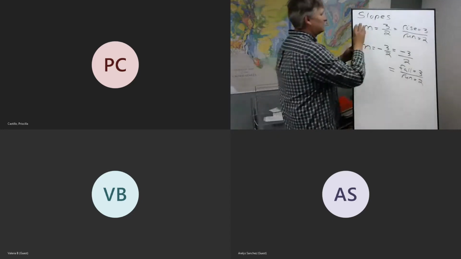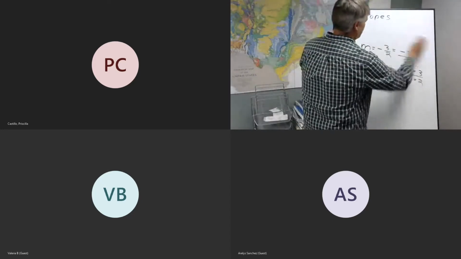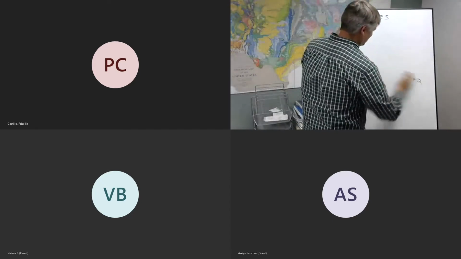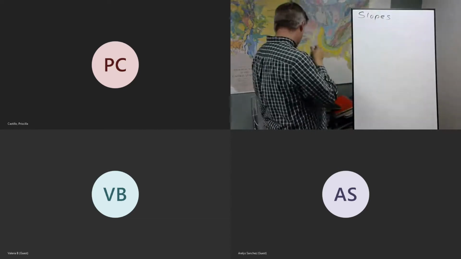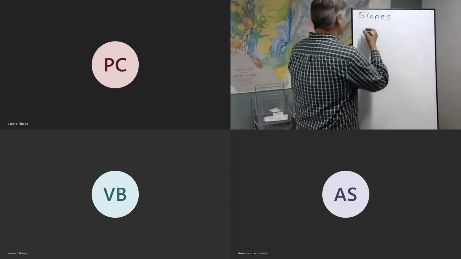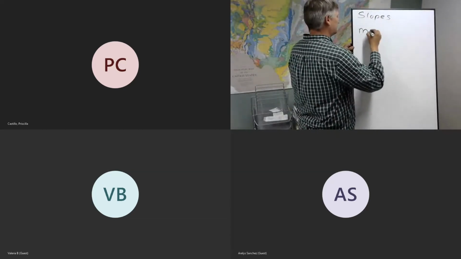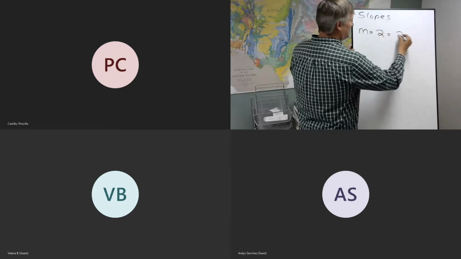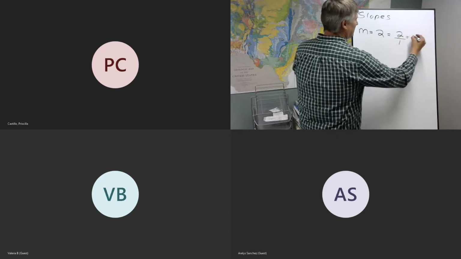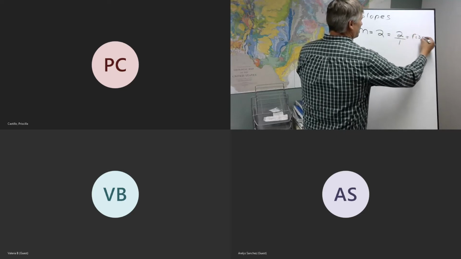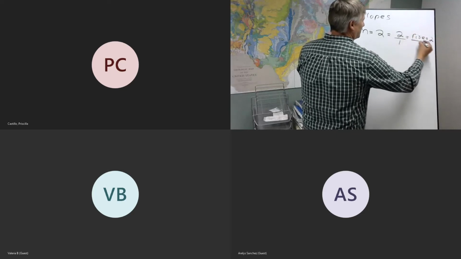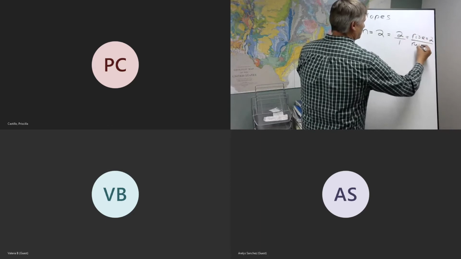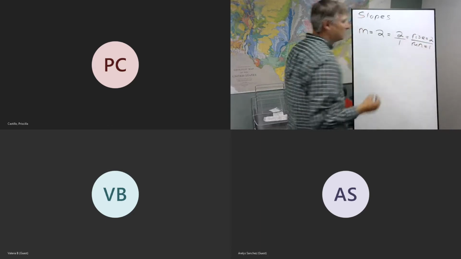If we have a slope like 2, this can be written as 2/1 with a rise of 2 and a run of 1.